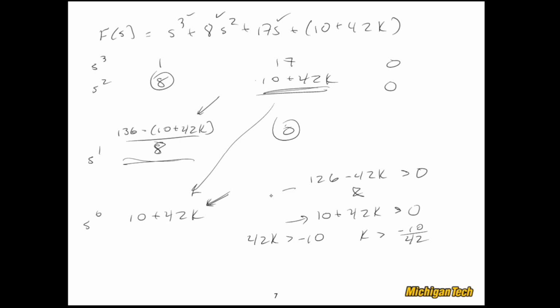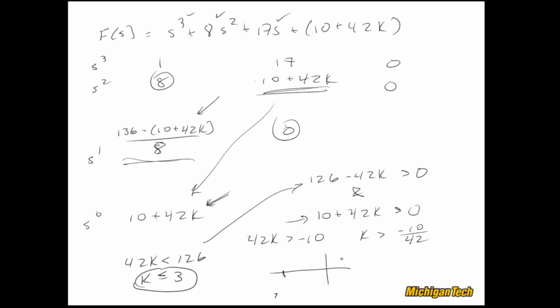Great. Then we could look at this one, and what it says is that 42K has to be less than 126, or K has to be less than 126 over 42, which is 3. Now, normally we don't work too much with negative values of K, but what this is saying is that K has to be greater than negative 10 over 42, which is back here somewhere.